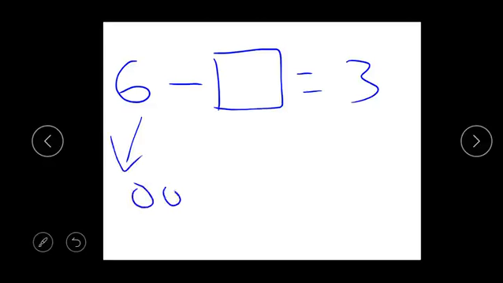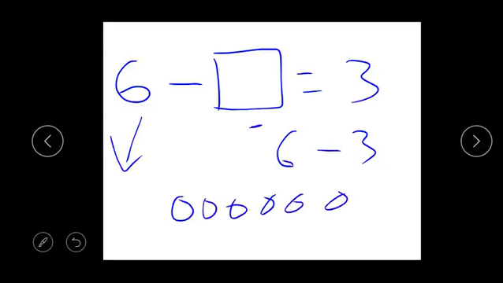So it is the same thing as 6 minus 3 to get what we have in the box. So we have to count 6. 1, 2, 3, 4, 5, 6. Remove 3. 1, 2, 3. So what do you do after that? Count the remaining. 1, 2, 3. So that means we have 3 in the box. So 6 minus 3 will give us 3.